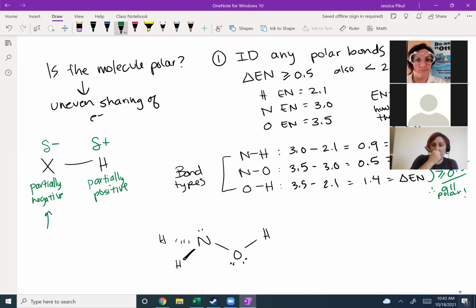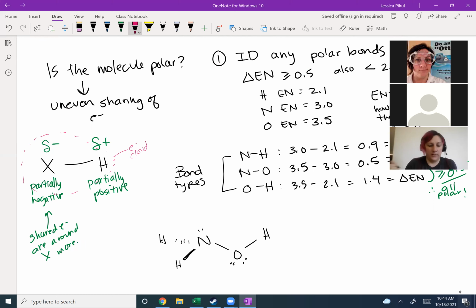It really means that the shared electrons are around the negative atom more. You could draw the electron cloud like this, and it just has more time around the nitrogen.